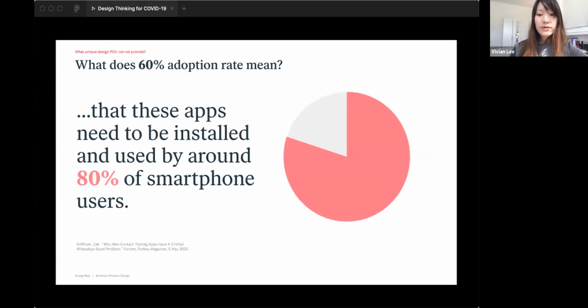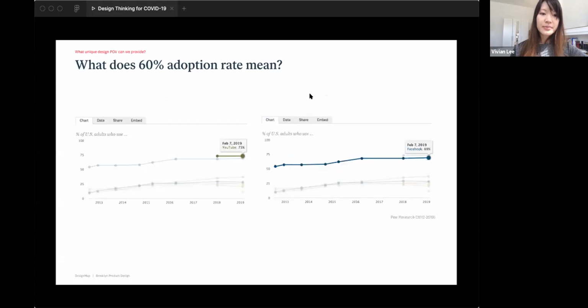So 60% of the population also means roughly 80% of all smartphone users need to install and use these apps. And just for comparison, what are the applications that we know well today that have 60% adoption rate in the US or higher? So in 2019, YouTube reached a 73% adoption rate for all US adults, and Facebook reached 69% adoption rate across all US adults.